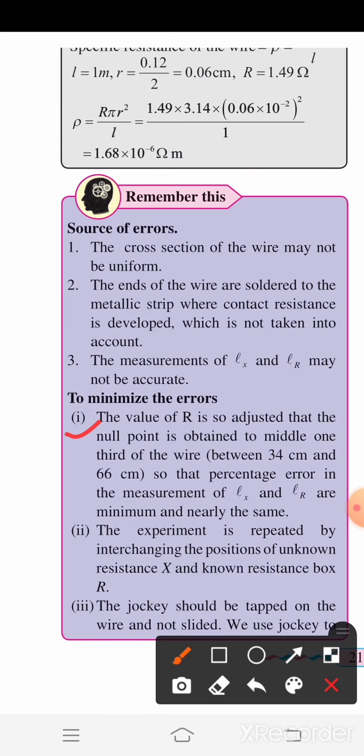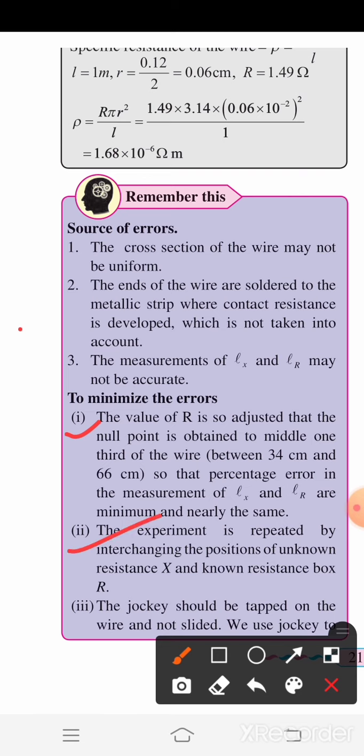Means if we take the resistance from the resistance box adjusted such that a balance point or null point is obtained in the middle one third of the wire, it minimizes the percentage error in the measurement of lengths of the null point from the ends A and B of the wire. So this is the first minimization.